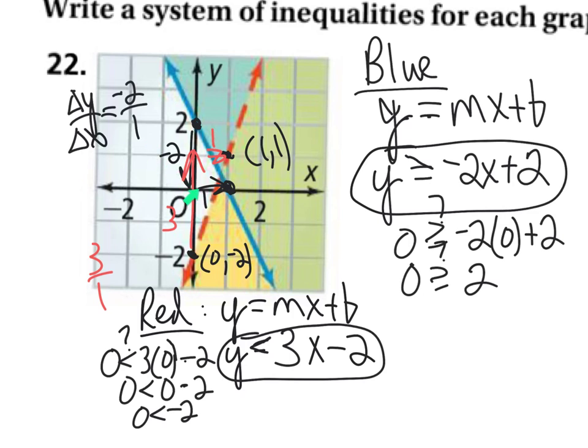So this side does not work, means this side works. And you can see that's what they did. They shaded this direction where they got that yellow piece, and then the green is where the yellow and blue are overlapping each other. So those would be the two inequalities that would make that graph.